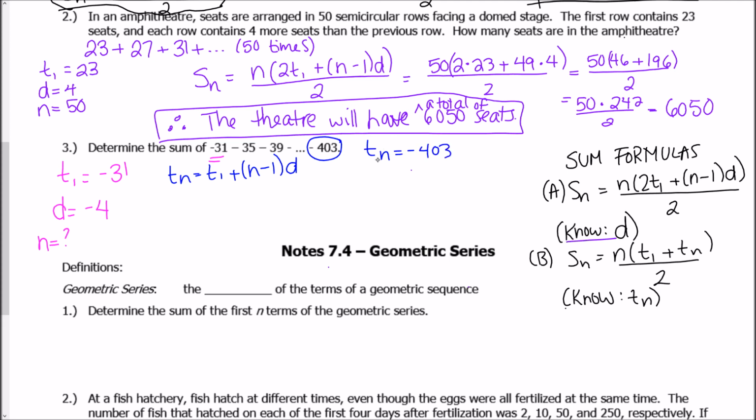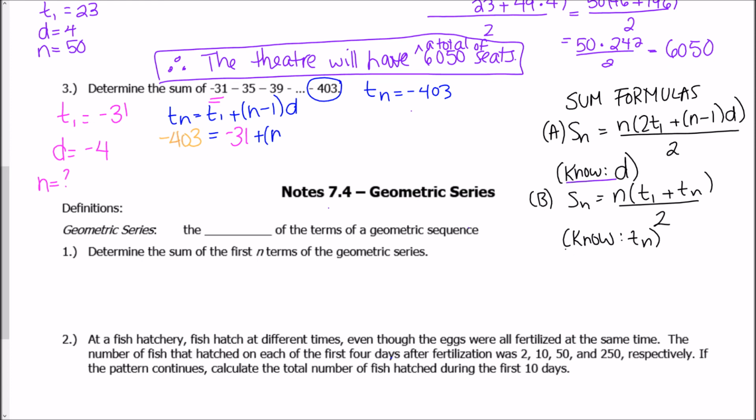So I'm going to plug in negative 403 is equal to t sub 1, negative 31, plus n minus 1 times d, and d is negative 4.